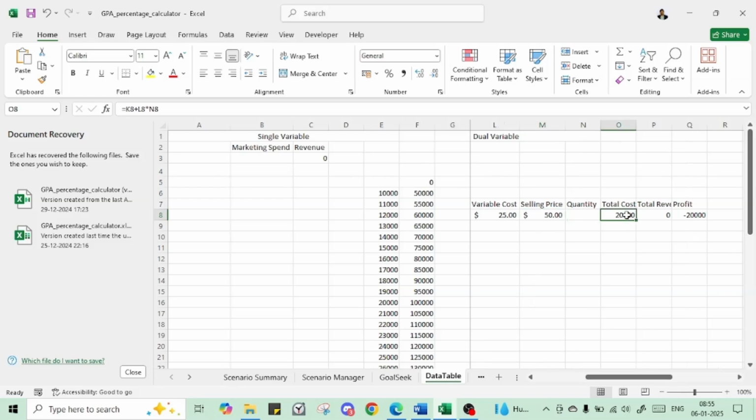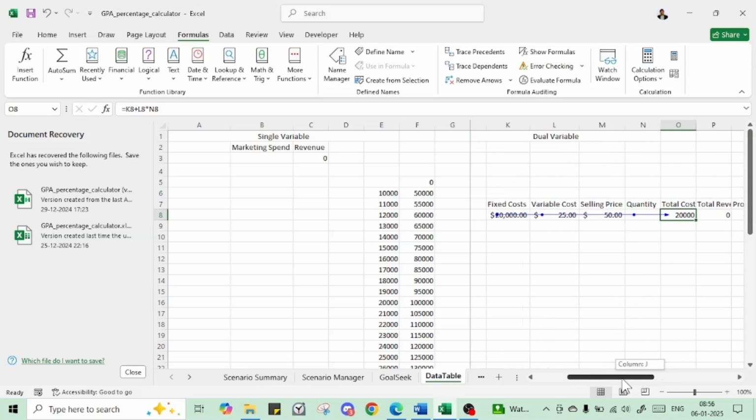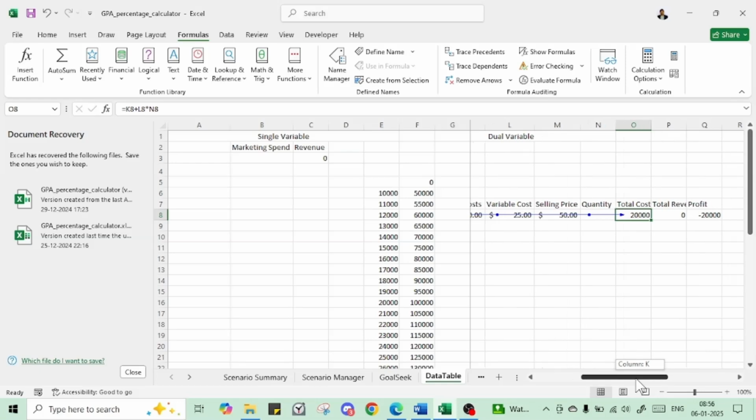Total cost is equal to variable cost. Here, when you write the formula, following precedence, you get variable cost into quantity, plus fixed cost. All this together gives the total cost.